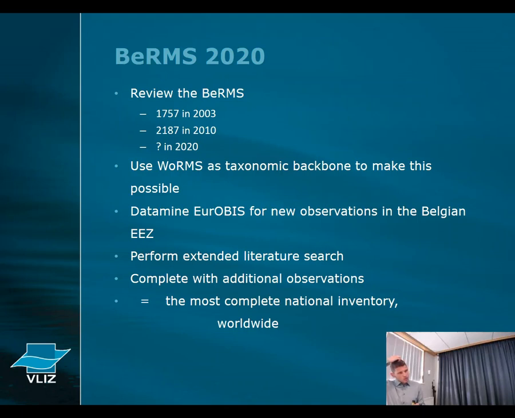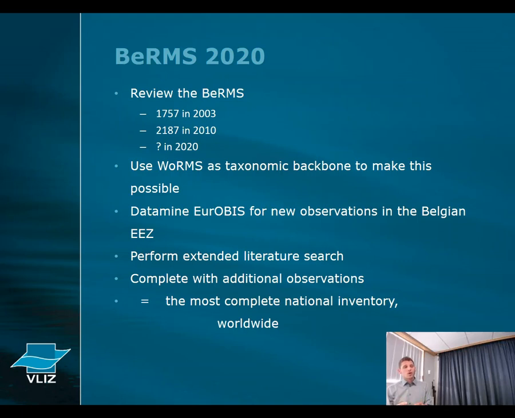So for BeRMS 2020, what we want to do with the data center, so we had this review in 2003, 2010, we want to do it again in 2020. We will use, of course, WoRMS as a taxonomic backbone to make this possible. So we will data mine WoRMS to see all the information that's available in WoRMS related to the distributions.